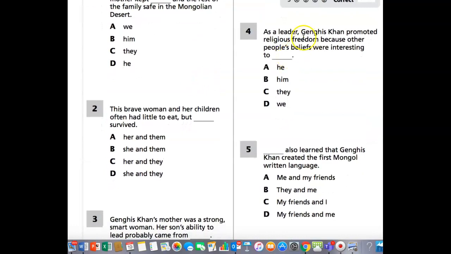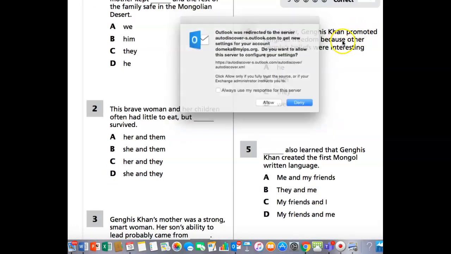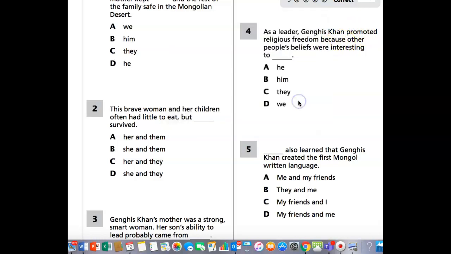As a leader, Genghis Khan promoted religious freedom because other people's beliefs were interesting to he, to him, to they, to we. Well, again, look at it carefully. Genghis Khan is one person. So you can eliminate anything that's plural there.